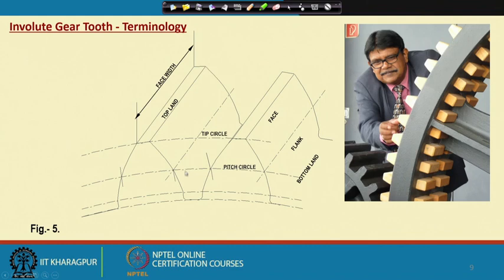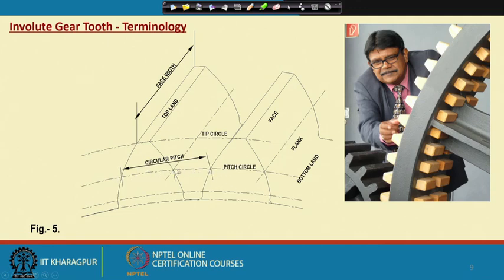But in standard gears, we take the standard cutter, and when we make the standard tooth, the proportion is such that this becomes the circular pitch and this gap is equal to this gear width.